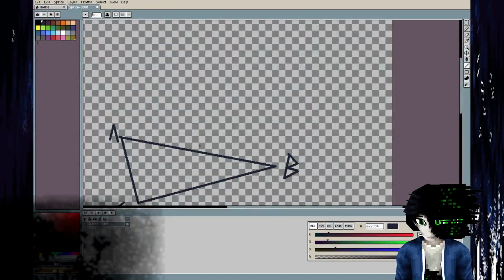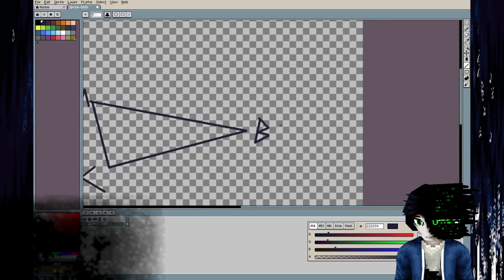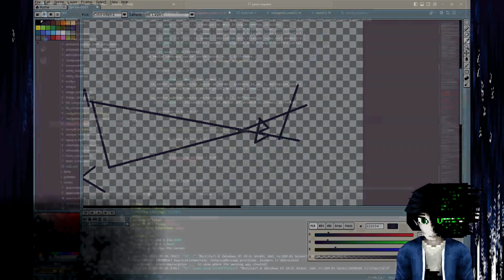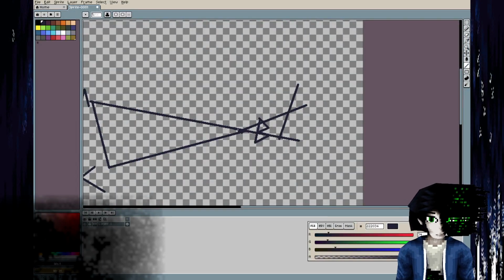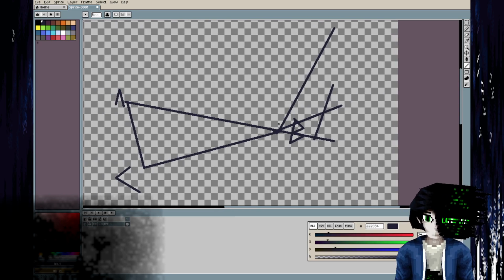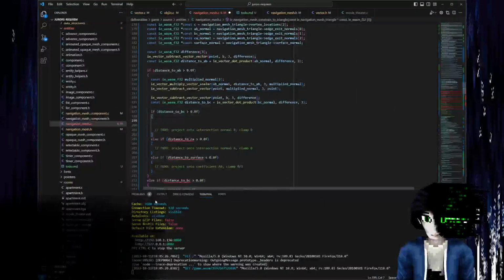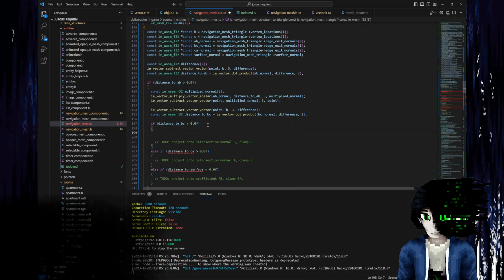So then we project our point onto AB, but in the process of doing so, say if it's here, it actually ends up behind BC. At which point we need to put it in this corner, but it's a 3D space, so we need to put it in this vertex, and then along this plane, the intersection line.